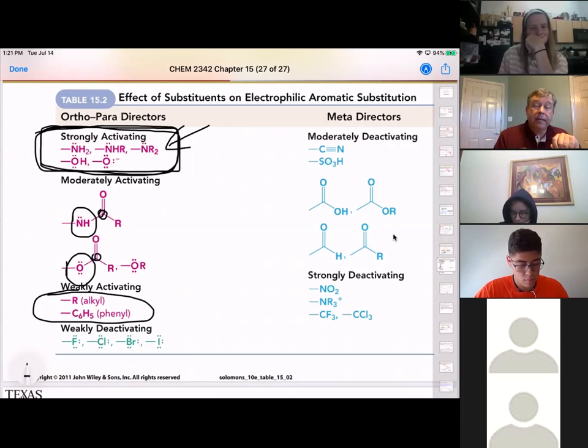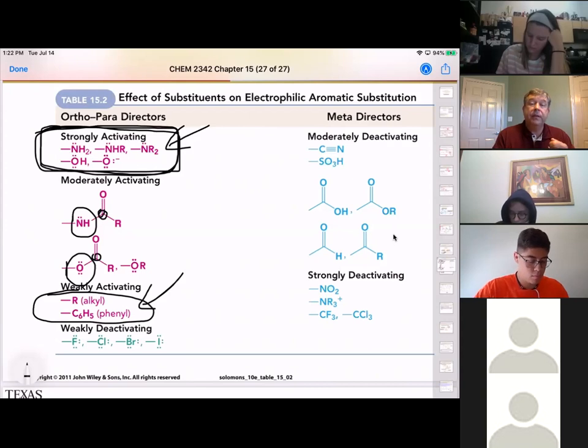So they are moderately activating and they are ortho-para directors, okay? Now, our alkyl groups are weakly activating because they only have that hyperconjugative donation. They have a nonpolar bond, but they have a hyperconjugation donation, and that allows them to be weakly activating, but they are also going to direct ortho and para.